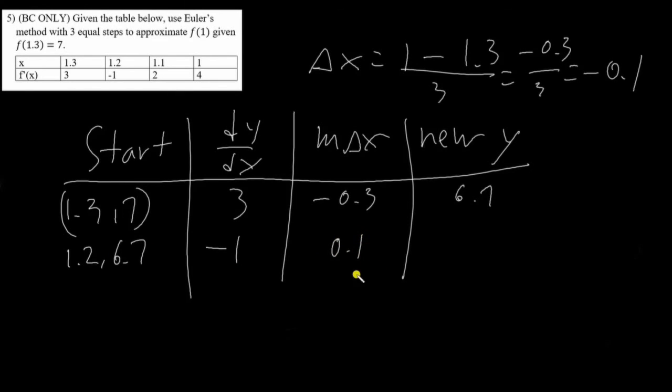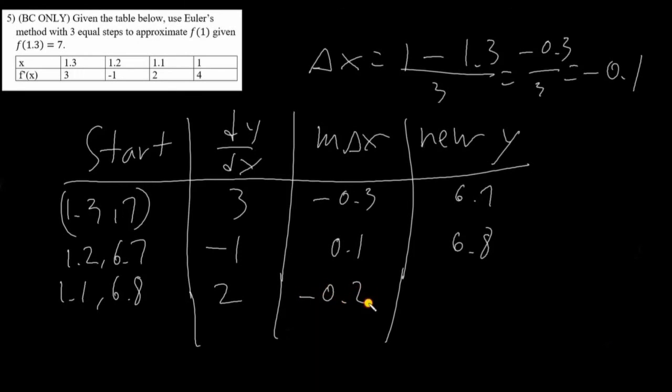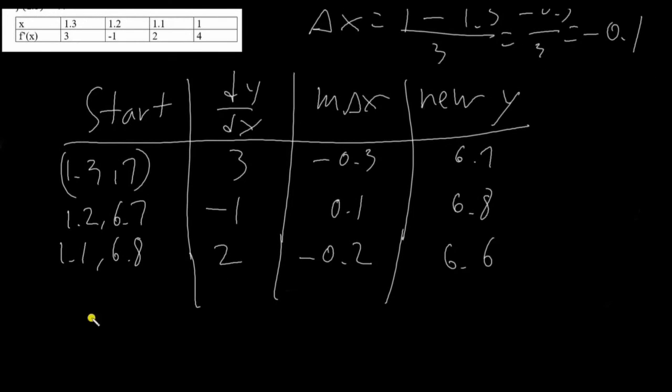And 6.7 plus 0.1 is 6.8. And then 1.1 comma 6.8. So at 1.1, our dy dx is 2. m delta x is going to be negative 0.2, again 2 times negative 0.1. And then 6.8 minus 0.2 is 6.6. So what we have is 1.0 comma 6.6.